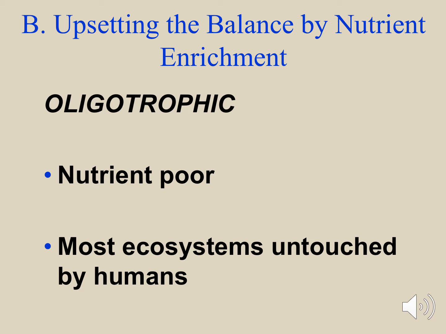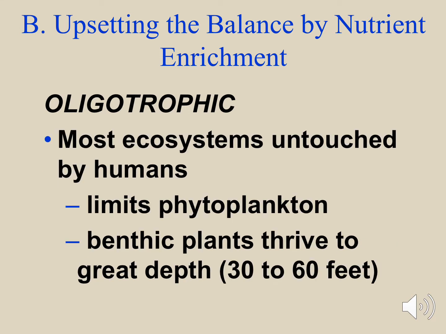So when we have nutrient poor or oligotrophic conditions, you don't have enough nutrients for rapid phytoplankton growth. Phytoplankton are there floating on the surface of the water, but there aren't many of them. Oligotrophic conditions mean clear water. Sunlight can penetrate that water to a pretty deep depth, and that allows benthic plants to photosynthesize even at fairly moderate depths within a lake, maybe to a depth of 30 to 60 feet.